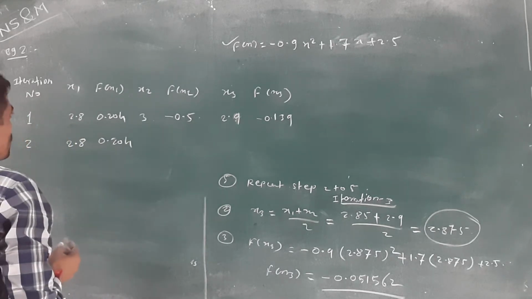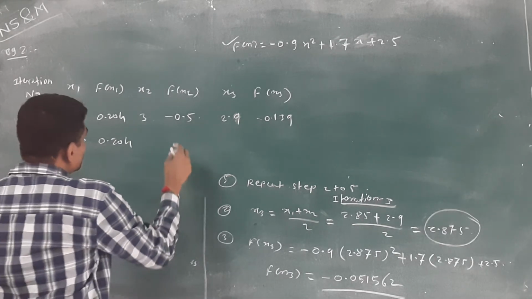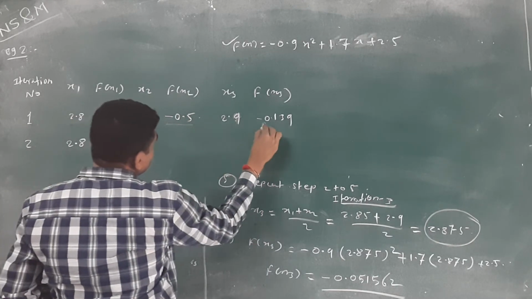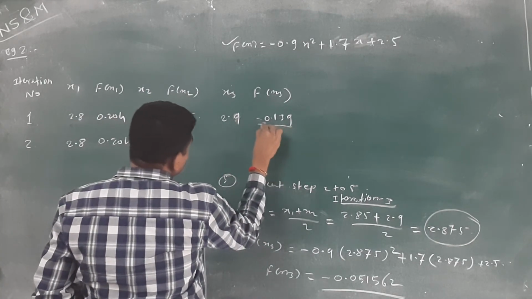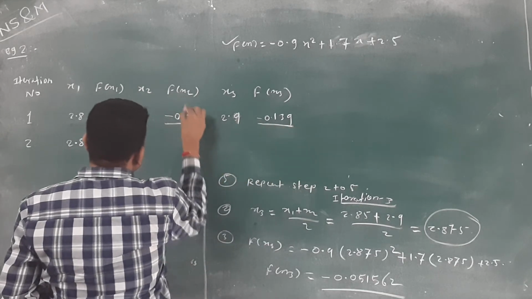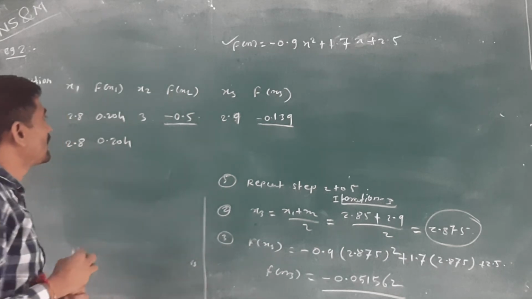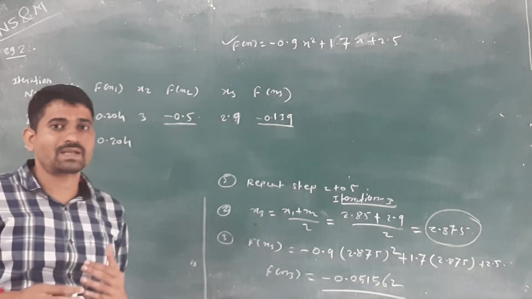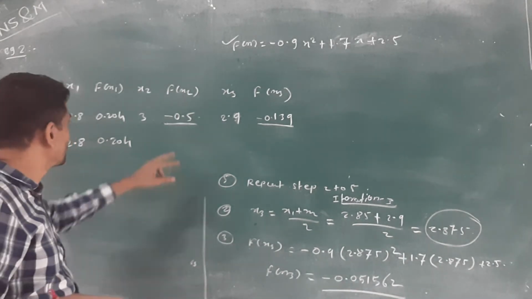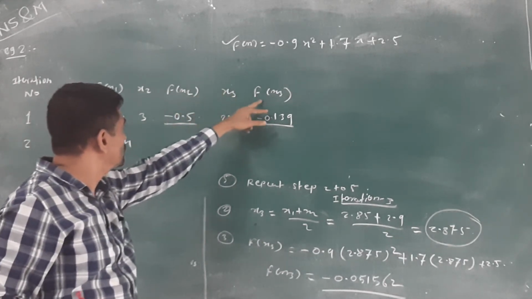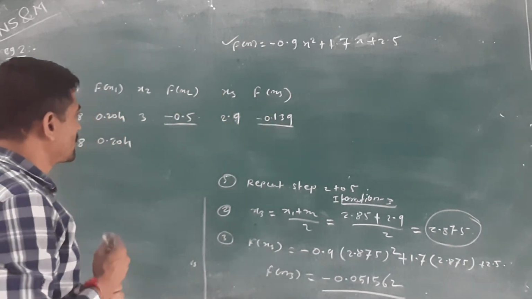Here x1 or x2 is replaced by x3, which has the same sign as x2. That's why we have written x2 is equal to x3. Check that f of x2 has the same sign as f of x3.